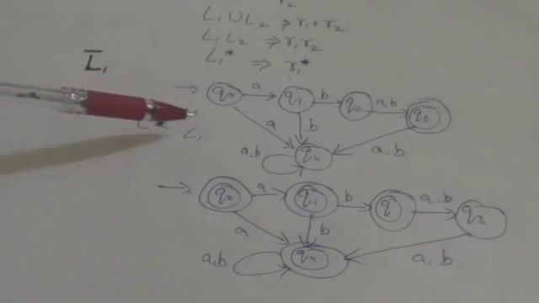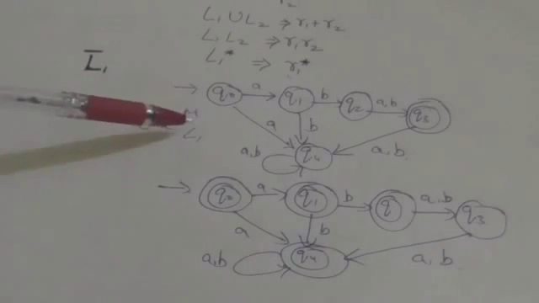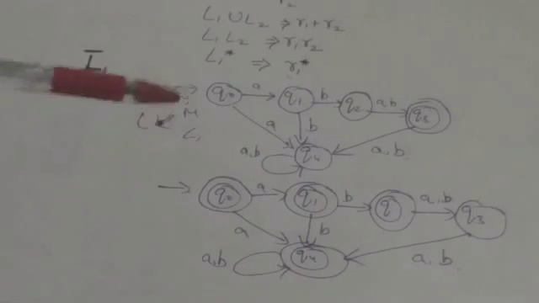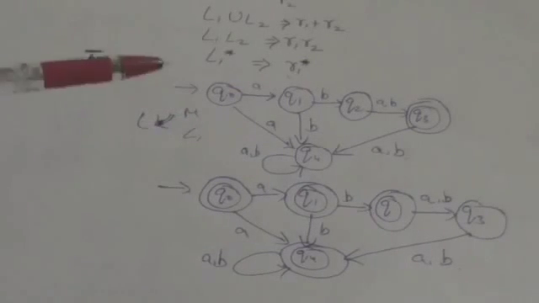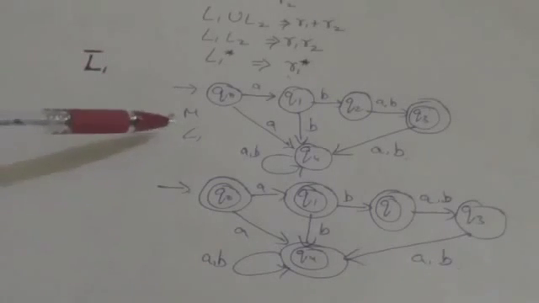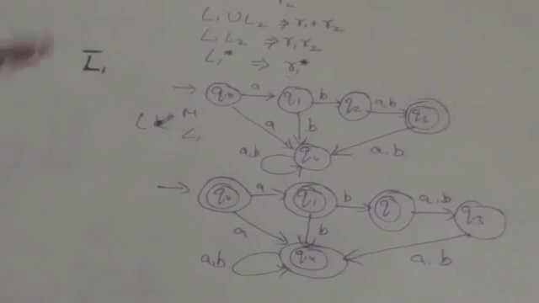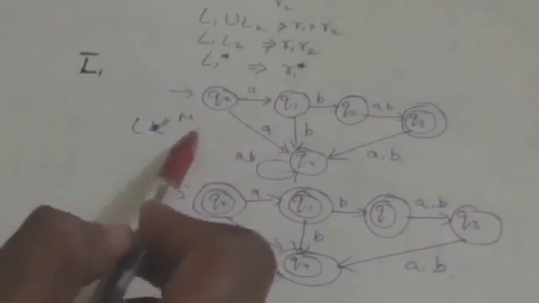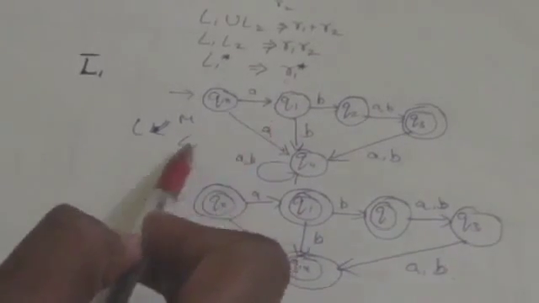which will reject all strings which are present in set L1 and will accept all strings which are not present in set L1. So this is a finite automata which accepts L1. So this finite automata will accept all strings of L1.